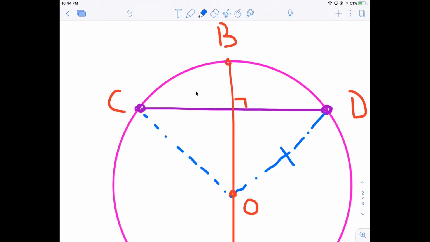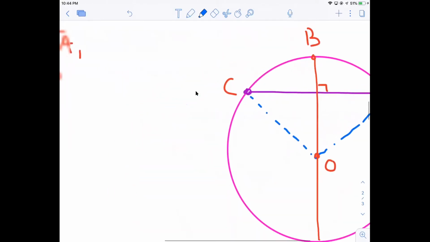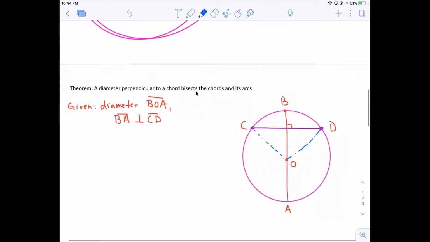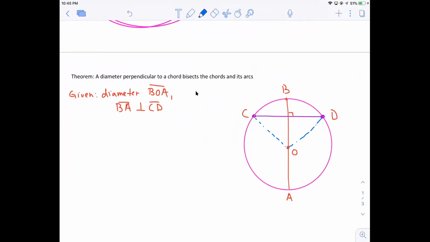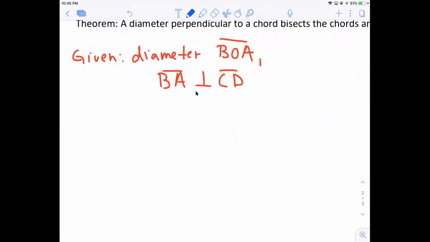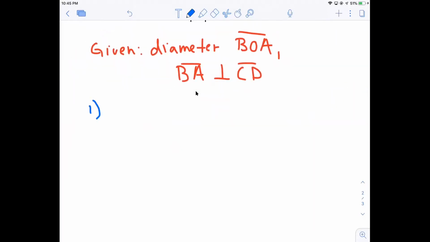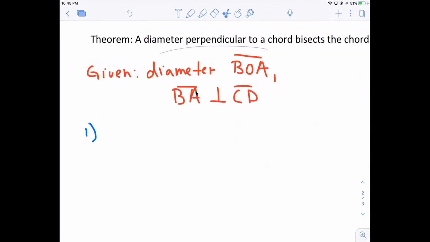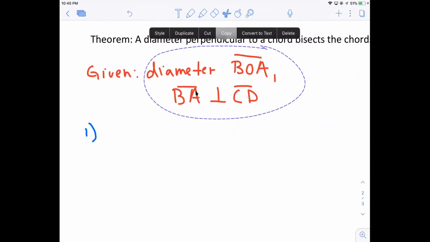But if you want to give it a shot, go ahead and try writing out this proof. When I did it the first time, I got 13 steps. So if you want to try it, you should get 13 steps. If you want to follow along now, let's give it a shot. All right, so step 1, I'm going to list out my givens. So copy and paste.